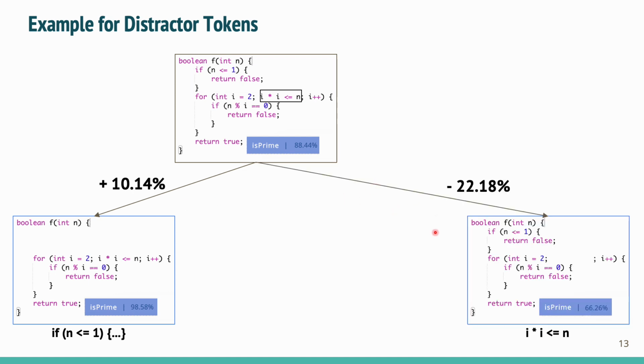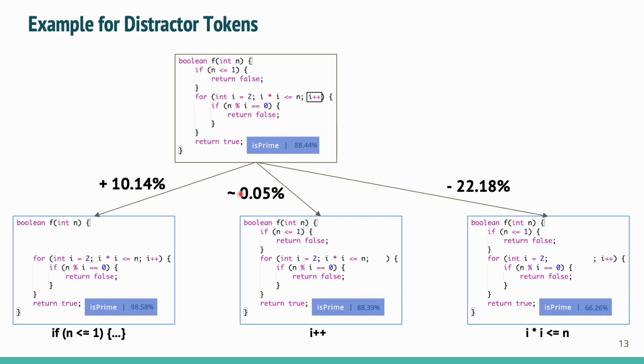But removing the stopping condition decreases the confidence score by more than 20%. However, removing the iterator increment has a negligible effect on the model's probability score. So the model might think the stopping condition is more important than the iterator increment, but the valid number checking was obvious to prime calculation and removing it increases the model's confidence.